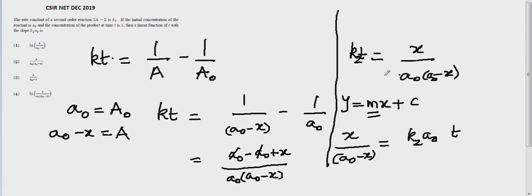They have just taken the A naught into this side, so that we get this to be your m as the slope. That is what the question is asking for. So this could be your x and this will be your y, and you can see that the right answer is option C.